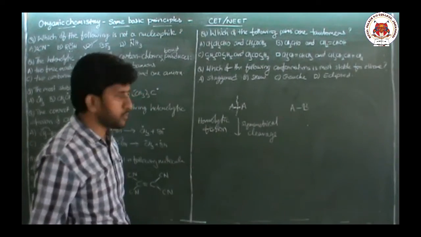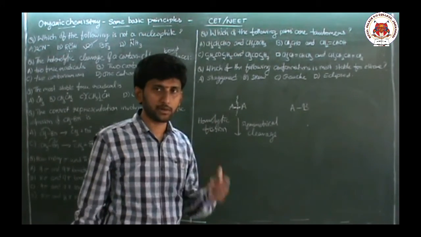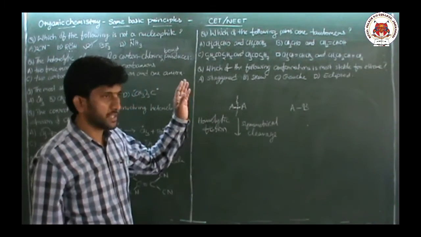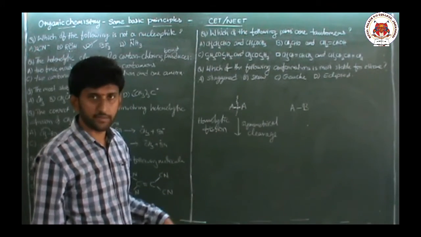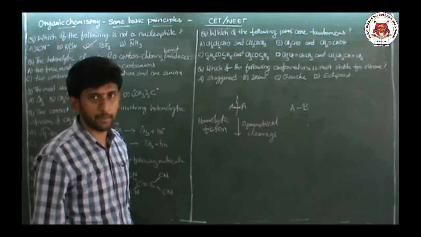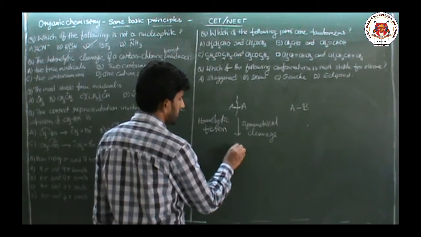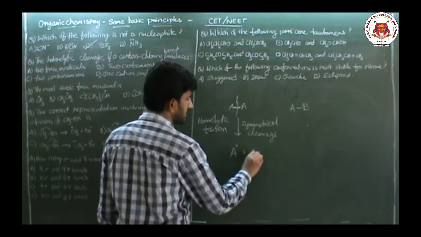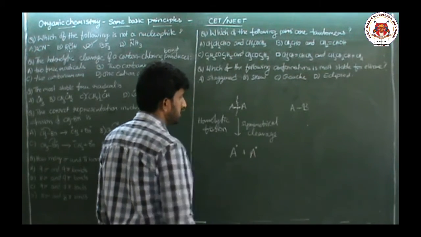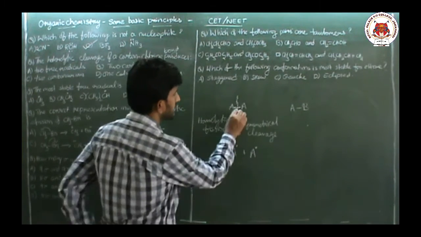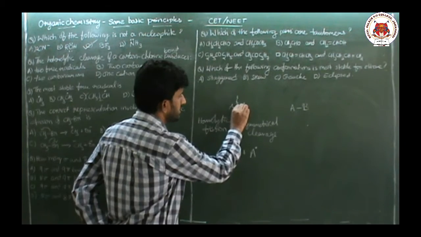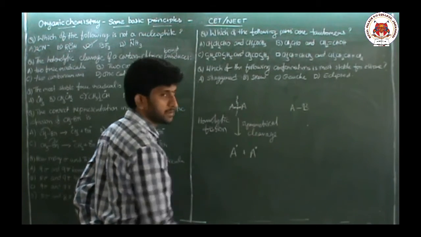So if any two atoms having the same electronegativity, and if such a bond is cleaved symmetrically, or homolytic fission happens, then you get free radicals as the intermediates. Means this bond is cleaved exactly in the center, this atom gets one electron, this atom gets one electron.